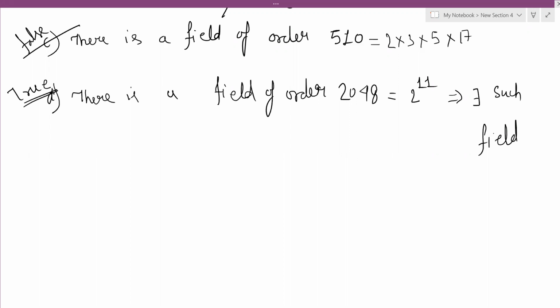Suppose you want to say that the primitive fifth root is not a member of Q of the primitive seventh root.